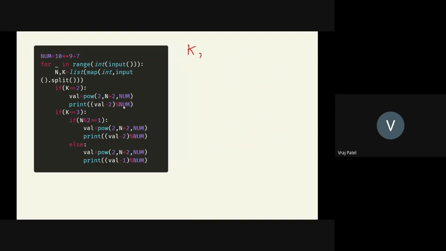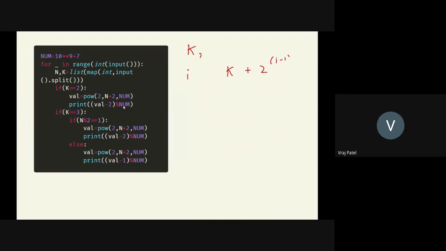Okay, so in the second question, you are given an array. The first element of the array is always k, and the ith element of the array will be something like k plus 2 raised to power i minus 1.